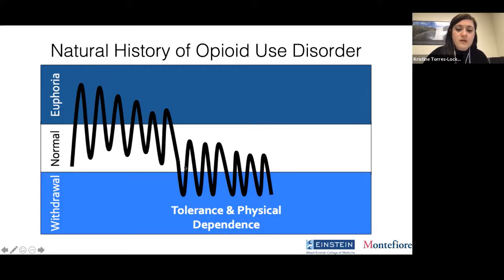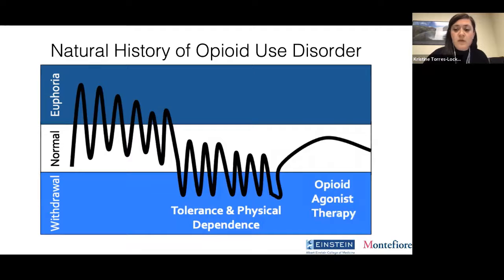And then at some point after tolerance, you actually develop physiologic dependence. So you actually develop withdrawal when you're not using the substance. Instead of feeling a high or a euphoria, you're really just using the substance so that you don't feel withdrawal. And so you're using the substance just to feel normal. You go into withdrawal, you develop cravings, you use. And this is the cycle that folks end up in.